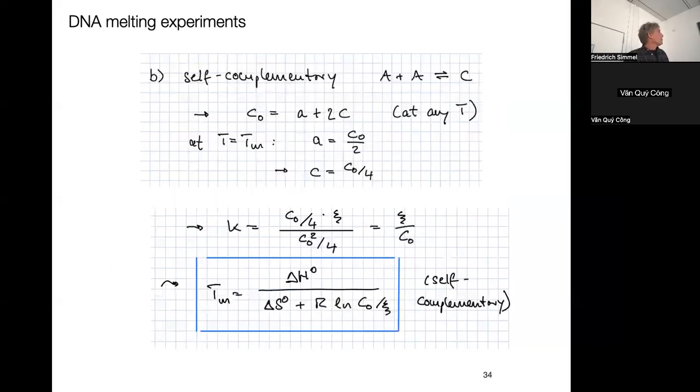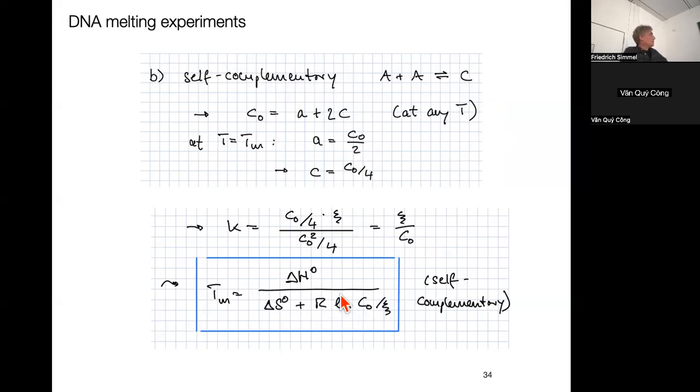You can do the same calculation for the case of a self-complementary sequence, so that's A plus A, when something has a palindromic sequence, so it can bind to itself. Then the calculation goes slightly differently, and you don't have the factor of 4 in the end. So that gives you this expression.